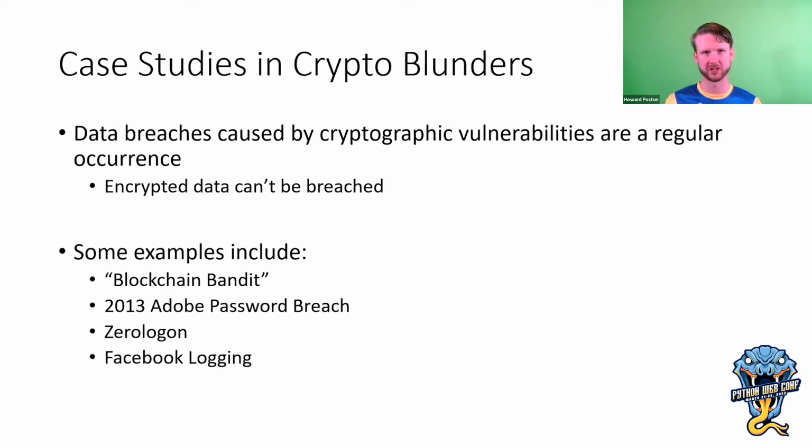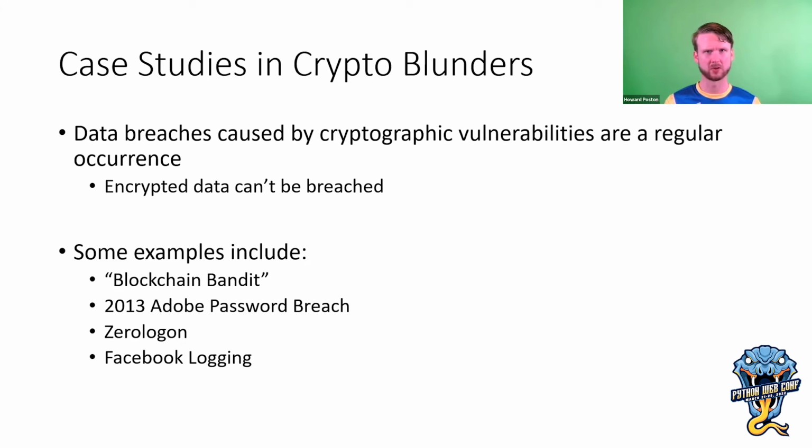Unfortunately, data breaches that are caused by, or at least made possible by, cryptographic vulnerabilities are a regular occurrence. Part of the rationale behind saying this is that data breaches are a daily occurrence at this point. We get major ones on a fairly regular basis. And by definition, if the data is encrypted and the attacker doesn't have the key, then it doesn't count as a breach.